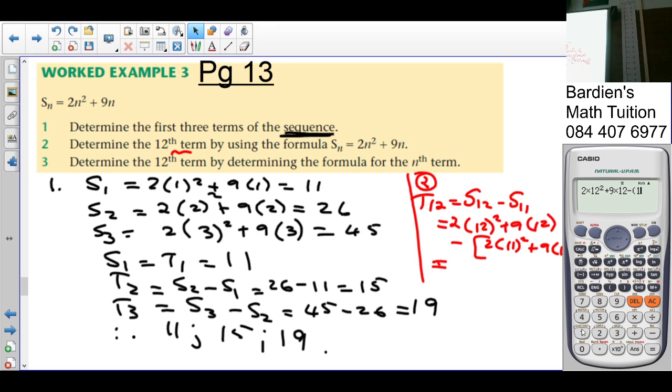What did you guys get? Sorry? 55. 55 is good.